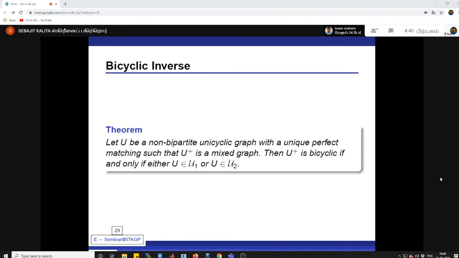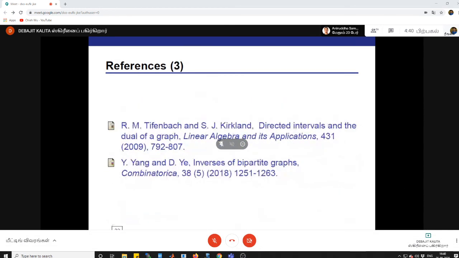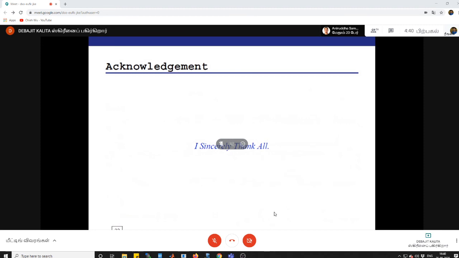I, along with my student, am working in this direction. This is a small step towards the non-bipartite case. We have worked out a few things here, and with this we stop this talk. These are some references. And thank you all.